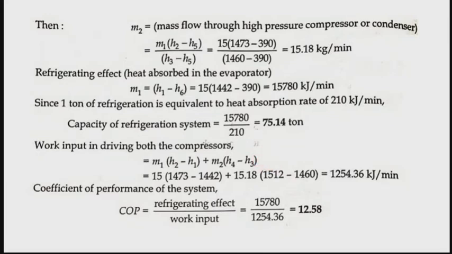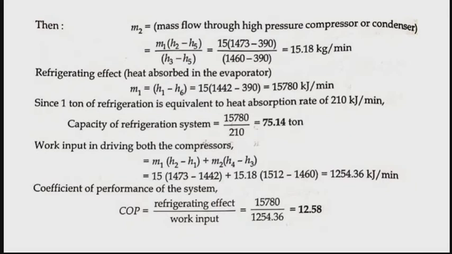So M1 into H2 minus H1 will be the work input for compressor 1, and M2 into H4 minus H3 gives the work input for the second compressor. You know the values of M1 and M2, and you put the values of H1, H2, H3 and H4, and combining them, the total work input is 1254.36 kilojoule per minute.